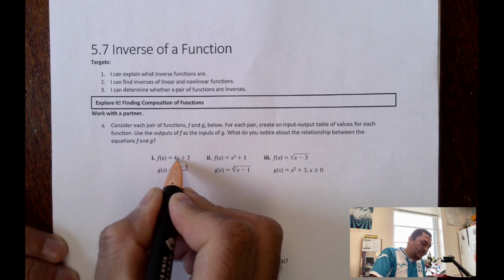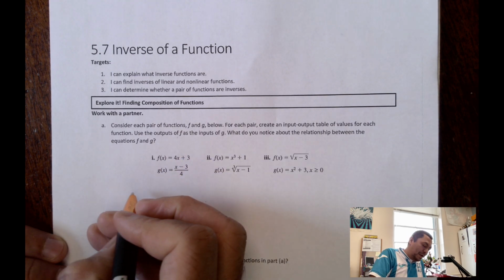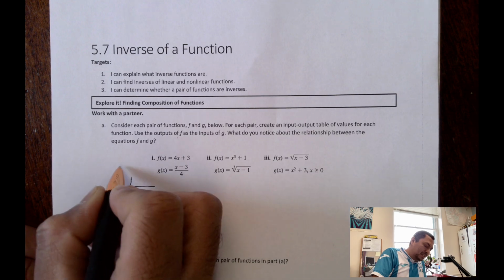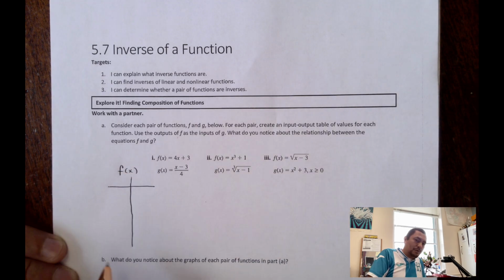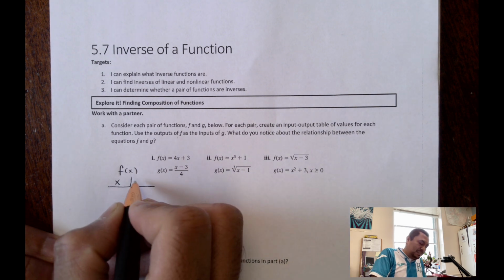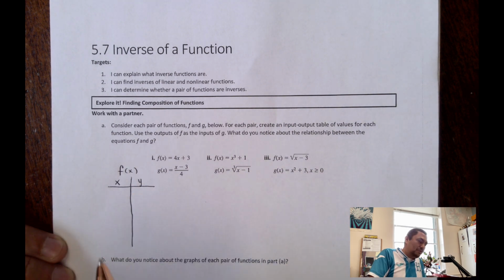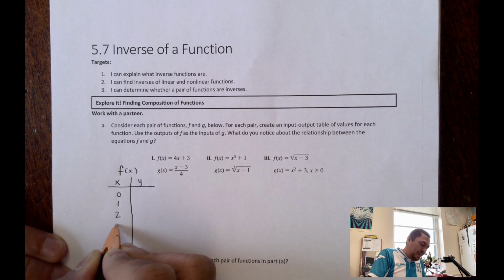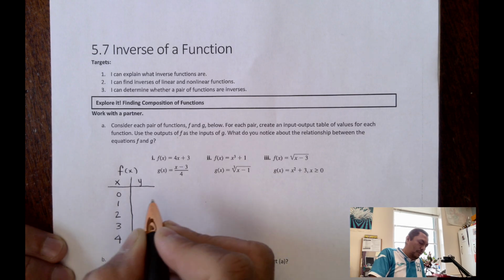Okay, I have a linear function in example 1. This is my f of x. My input is x, output is y. I'm going to start with 0. It's just a small table of values: 0, 1, 2, 3, and 4.